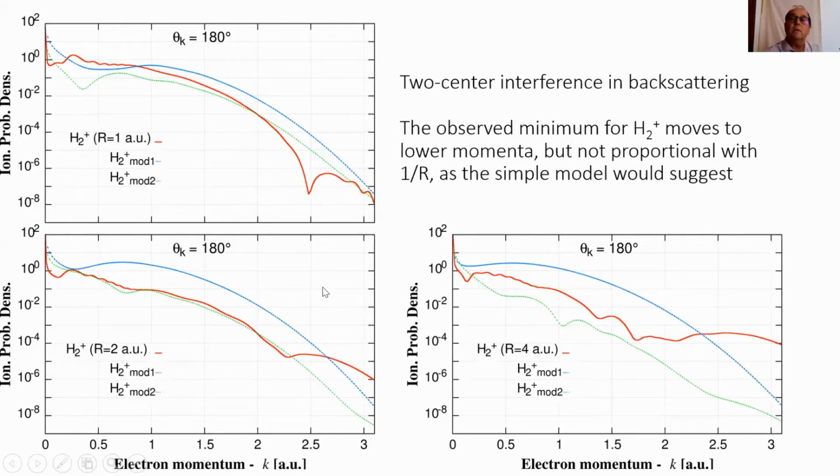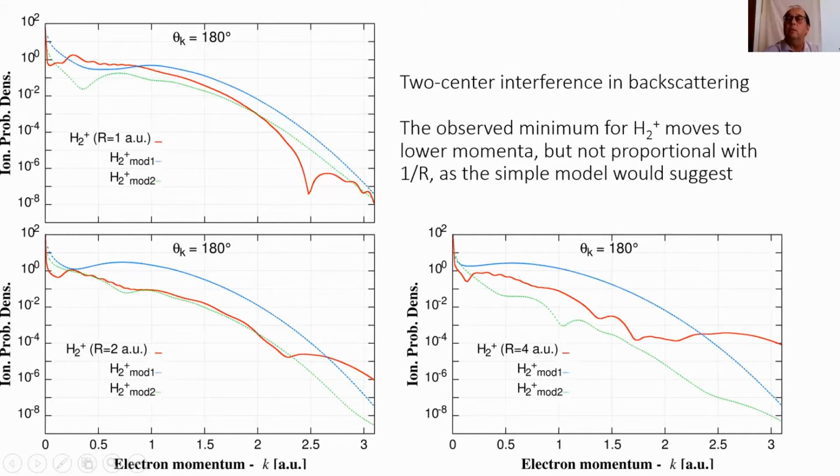And what is observable is that for all three internuclear distances, we obtain here a minimum for the molecule, which is not observable in the central field potential spectrum. And I think that this is a clear trace of the two-center interference, in spite of the fact that the location of this minimum cannot be predicted by a simple model.